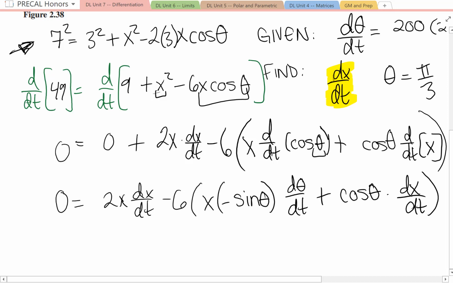We are trying to find dx/dt, so I would like to group those and get them by themselves.